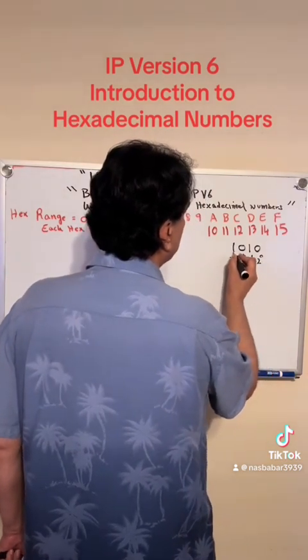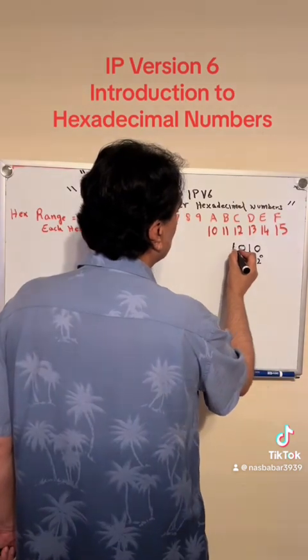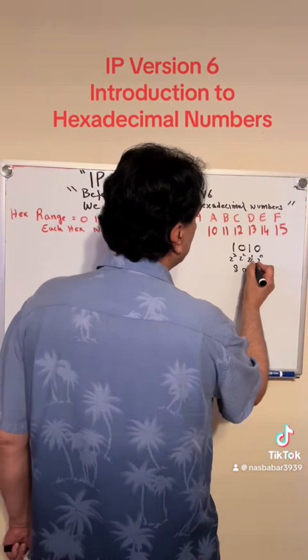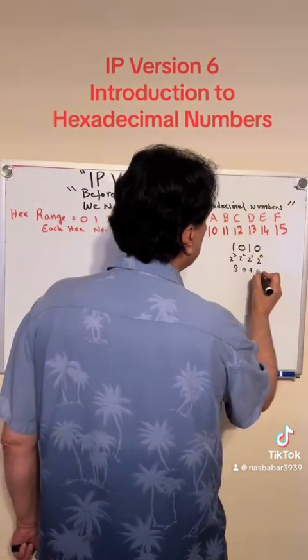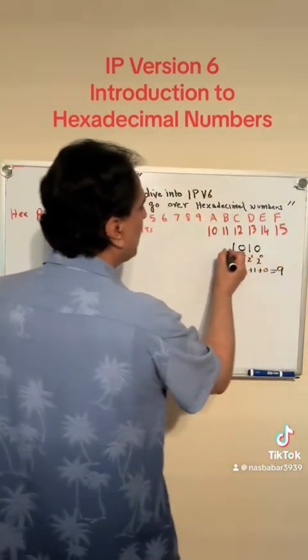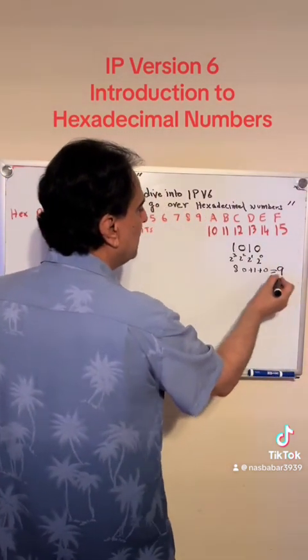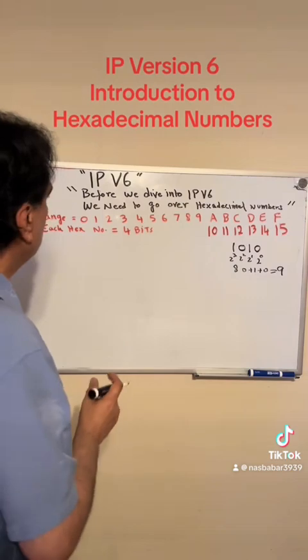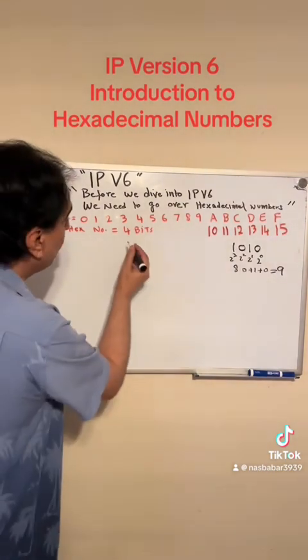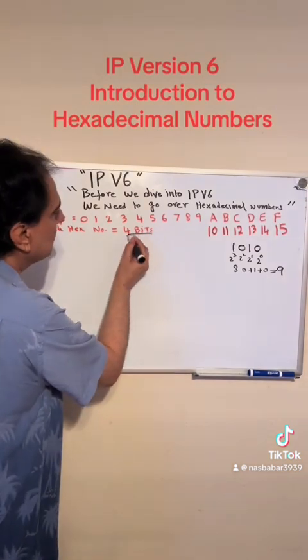So in this case, 2 raised to power 3 is 8, then 0, then 2 raised to power 1 is 2... wait, 1 is 1, so plus 1 plus 0. So this binary number represents 9. So each hexadecimal digit has 4 bits.